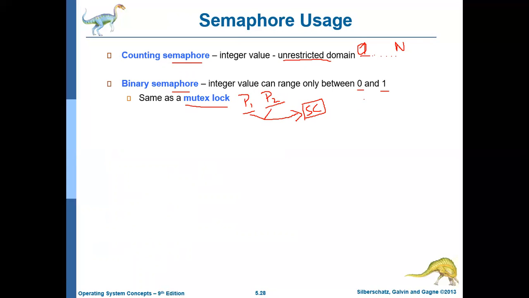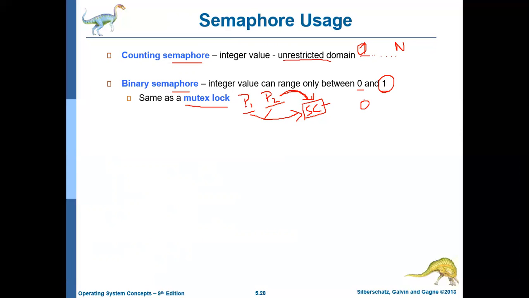If the resource available is only one, then we use binary semaphore. The binary semaphore will be initially initialized to 1 because you have one resource available. Now if P1 takes the resource, this semaphore value will be decremented by 1. Initially it was 1, now after decrementing it becomes 0.